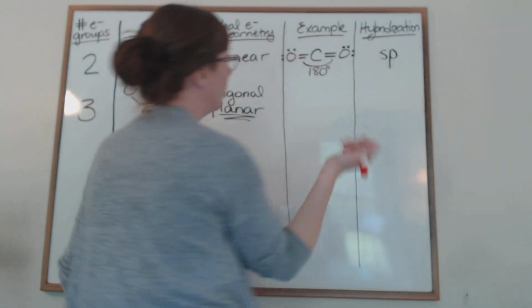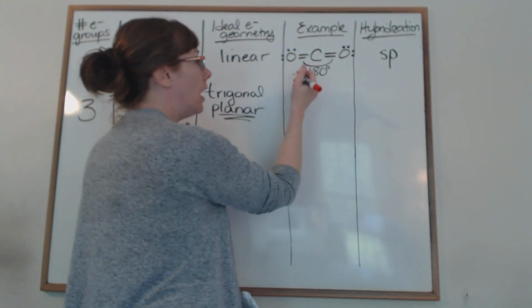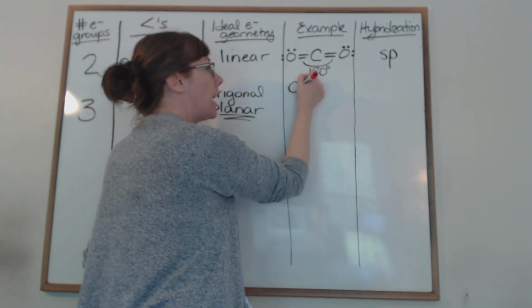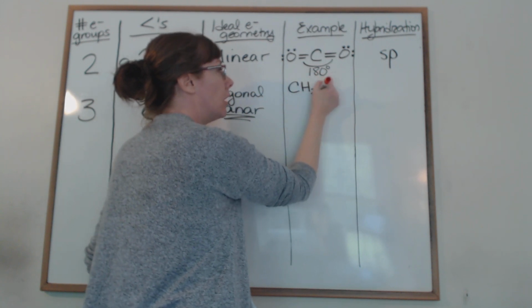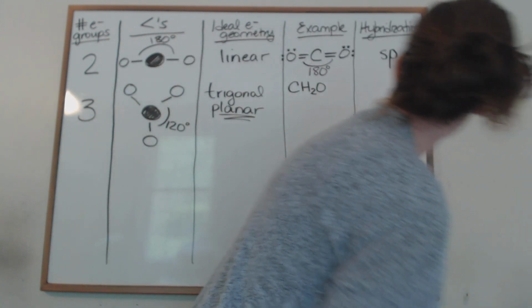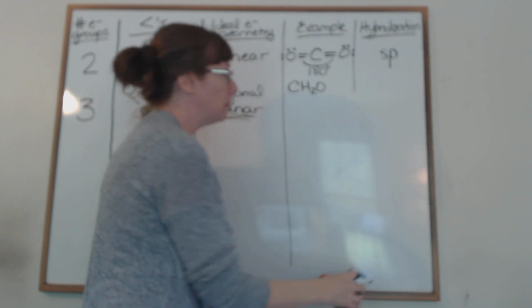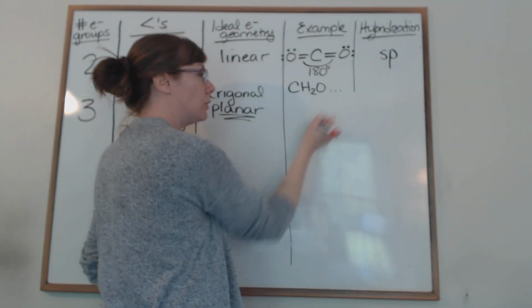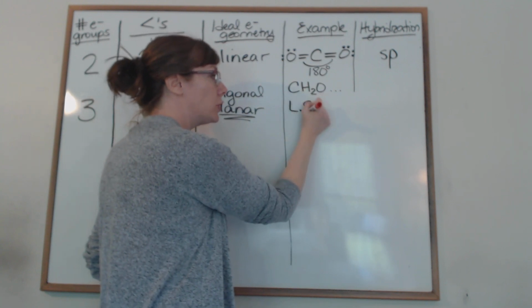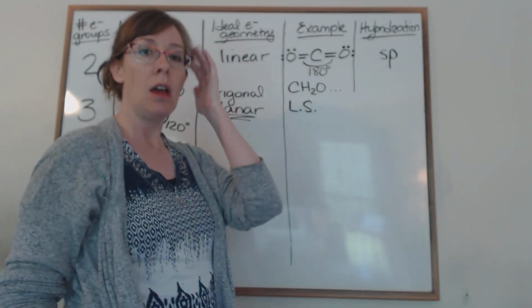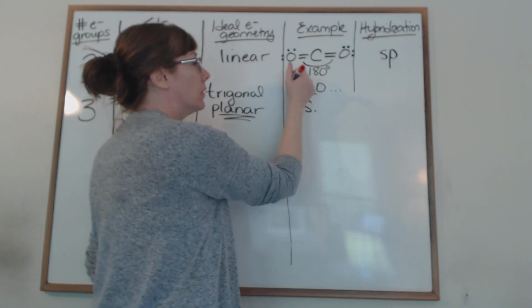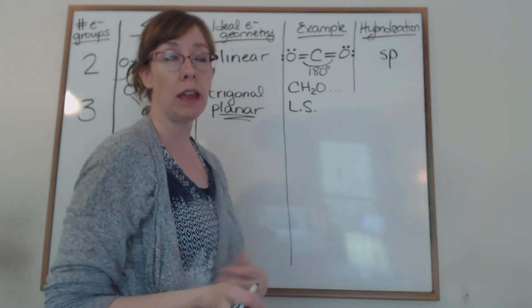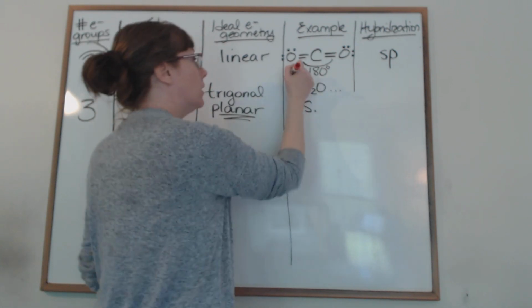And a good example would be something like formaldehyde, CH2O. Let me take a little bit of time with you. Hopefully you can have a little bit more room. But let's draw the Lewis structure for CH2O. Let's start with the Lewis structure, and I'm going to show you how to turn it into a VSEPR model. You can pause the video, by the way, if you like, and see if you can do it yourself.